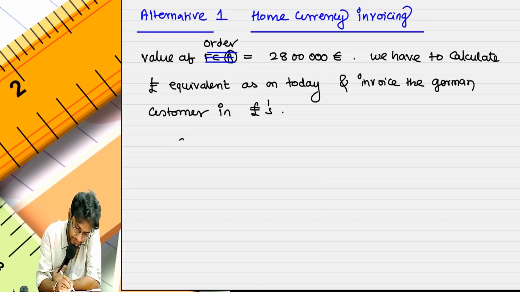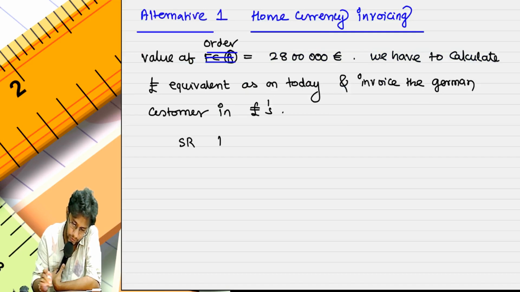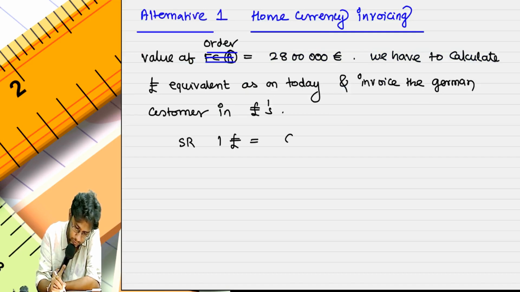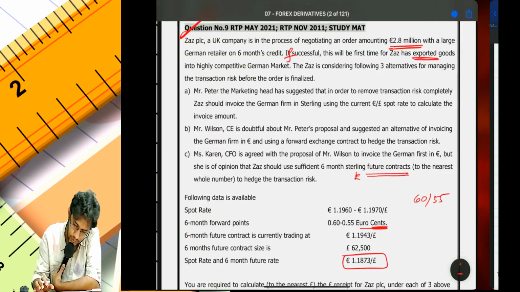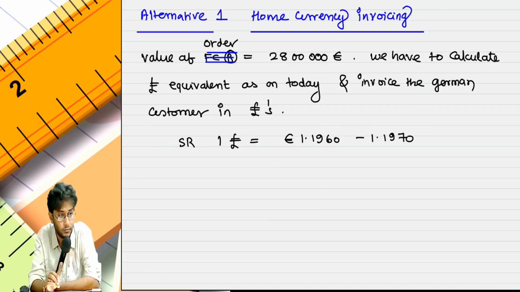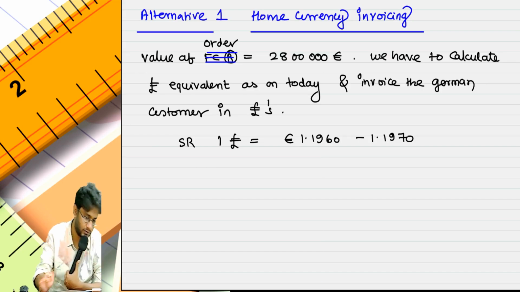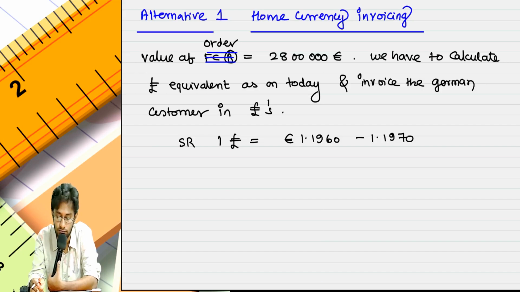What is the spot rate? What's the presentation? Euro per pound. Okay, 1 pound is equal to euro 1.1960 and 1.1970. Between these two, which one, sir?